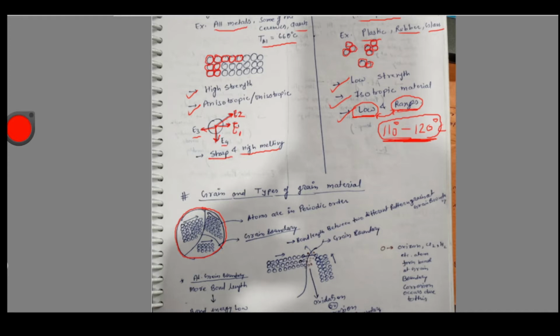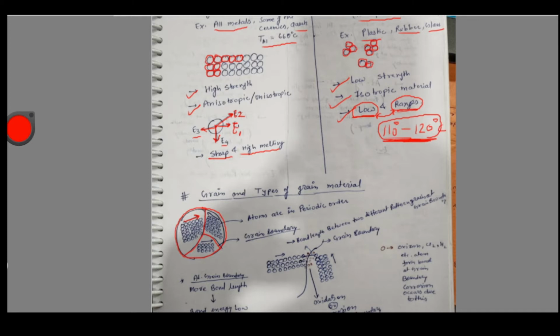Suppose it is arranged in this way, and here in this direction it is arranged differently. Here atoms are arranged in this pattern, a symmetrical linear type of arrangement, and here also, and these arrangements are separated by some boundaries. So these boundaries are called grain boundaries.